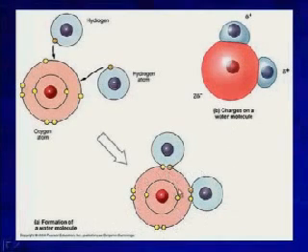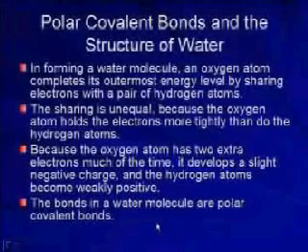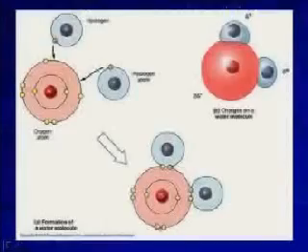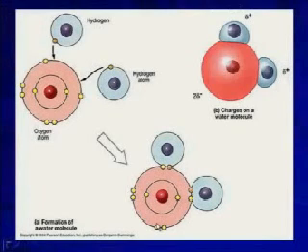Since the charge is greater around the oxygen atom, most of these electrons spend most of their time circulating around the oxygen atom versus the shell that surrounds the individual hydrogen atoms.